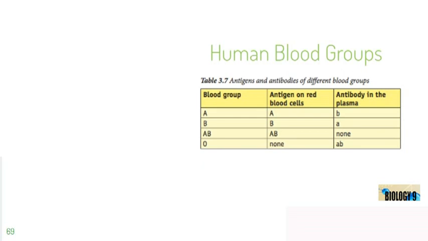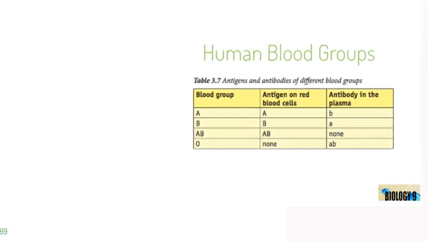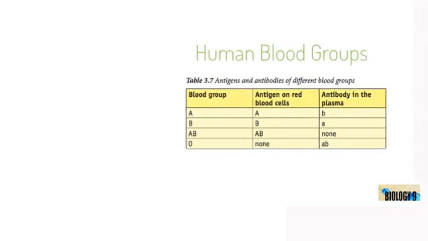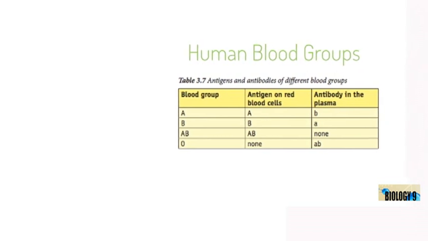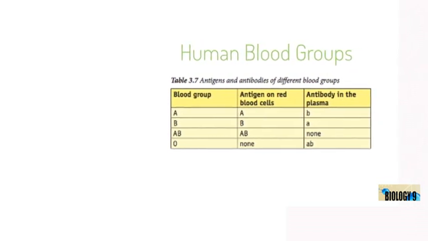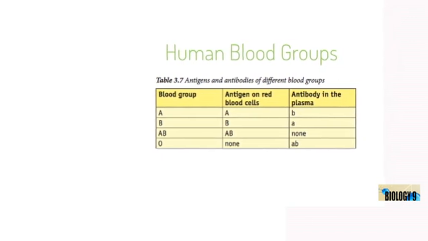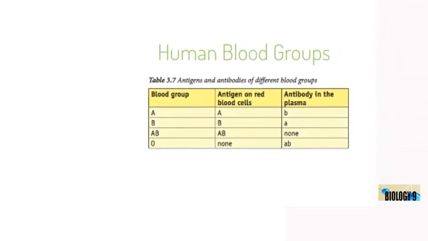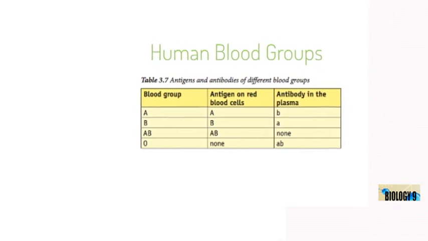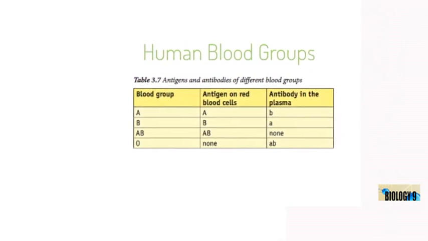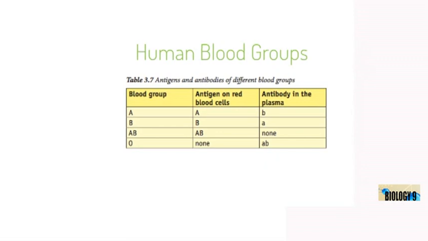Remember, those antigens are protein markers. There is at least two possible antibodies in the plasma. They're known as antibody A and antibody B. And unlike most other antibodies, these antibodies are present in your body all of the time. They are not made in response to a particular antigen. This table shows you the 4 combinations of antibodies and antigens which give those blood groups.